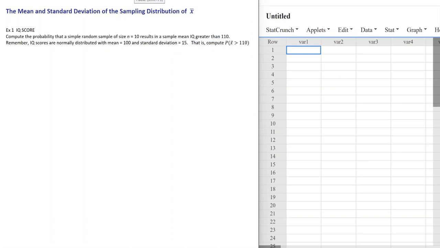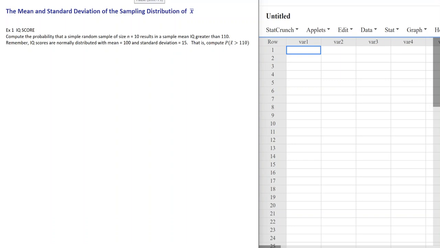In this example, we want to compute the probability that a simple random sample of size 10 results in a sample mean IQ greater than 110. So this is an example of us utilizing that sampling distribution of X bar that we were discussing and understanding from the previous video.